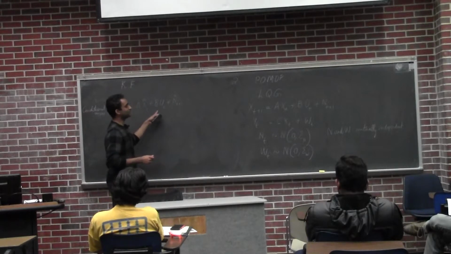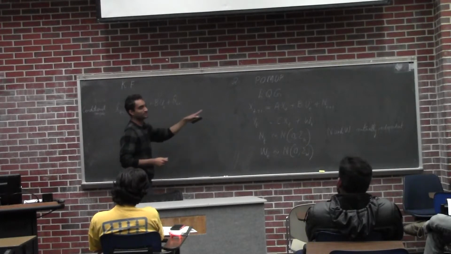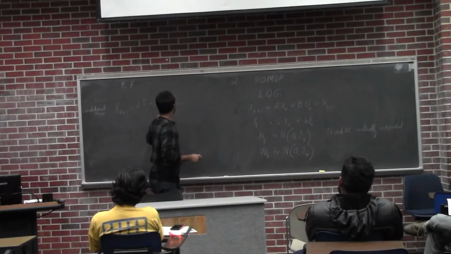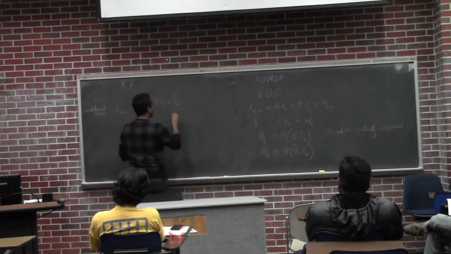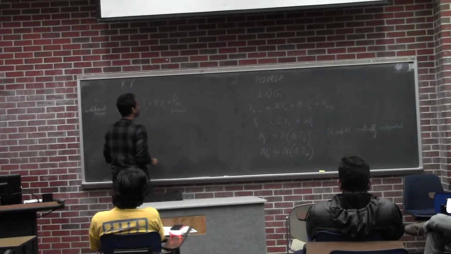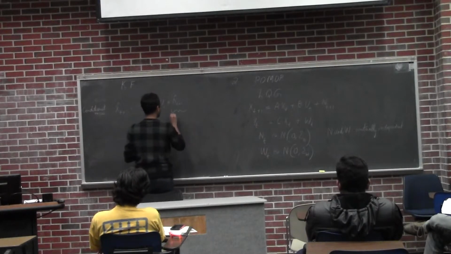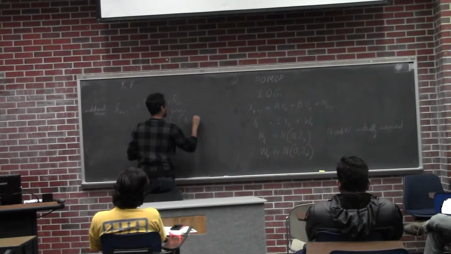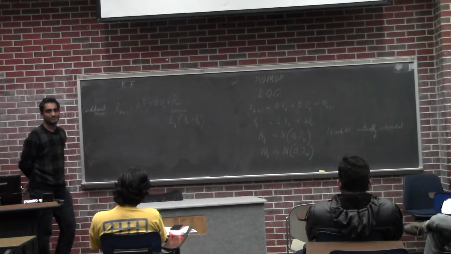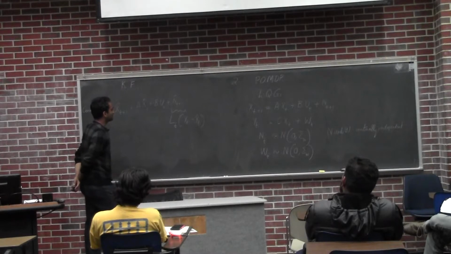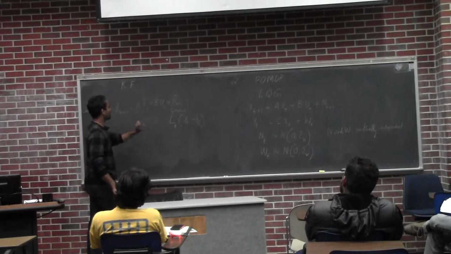You have the same A, you have the same B, and you have the same control input u_t. The main difference is that instead of x_{t+1}, you have x hat_{t+1}. So this is the form that a Kalman filter takes.